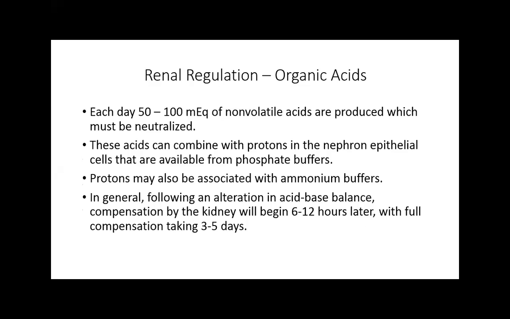Just, I guess, keeping in mind that we are making these other metabolic products that in general are acids, releasing those into the circulation, and they can have an impact on overall acid-base balance. A lot of the non-volatile acids are neutralized by the bicarbonate.